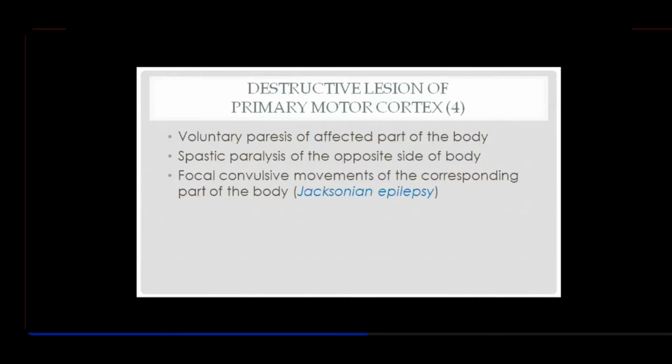A focal irritative lesion leads to focal convulsive movements. Focal means small area. So there are focal convulsive movements of the corresponding part of the body, and that's called Jacksonian epilepsy.